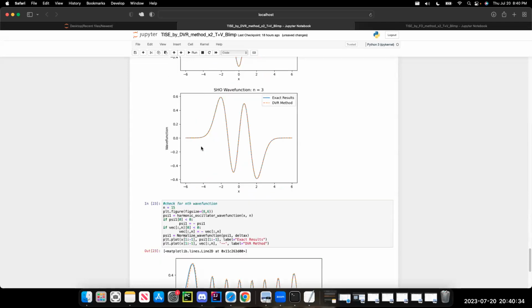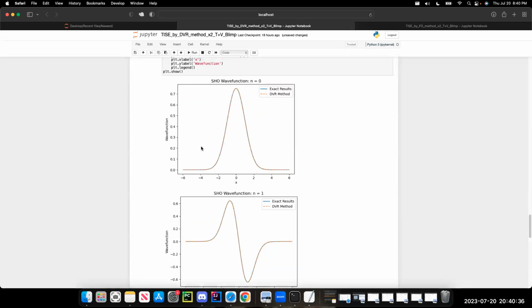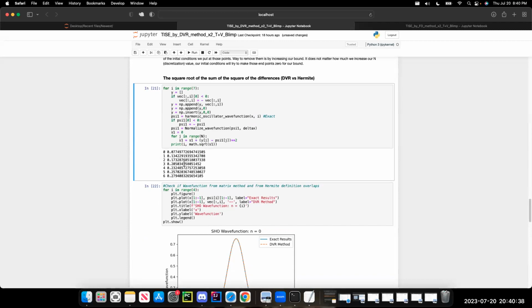We've graphed them. I think this was part of the earlier version of the code, but nonetheless, this does address calculating the sum of the square of the differences between the DVR and the Hermite.